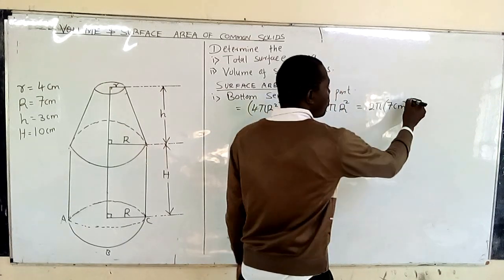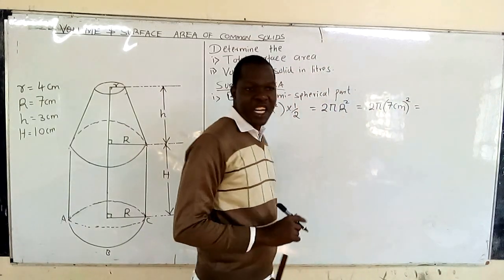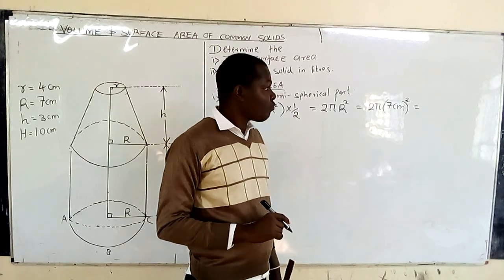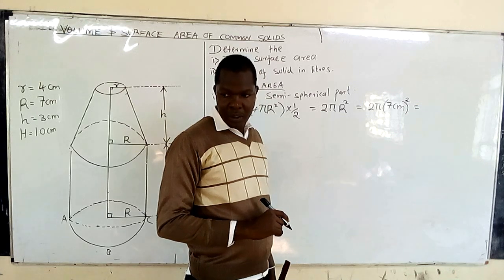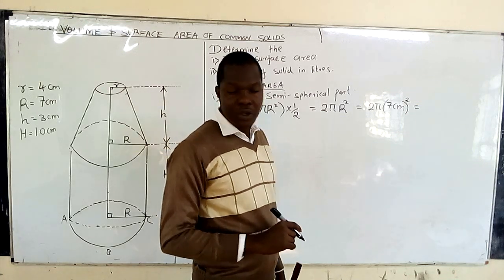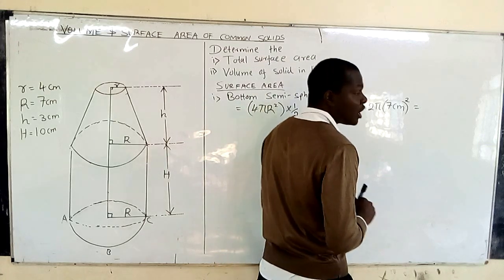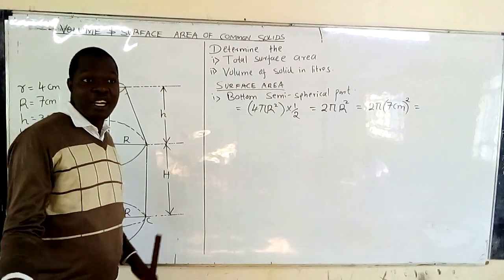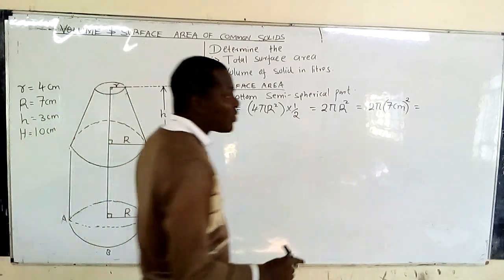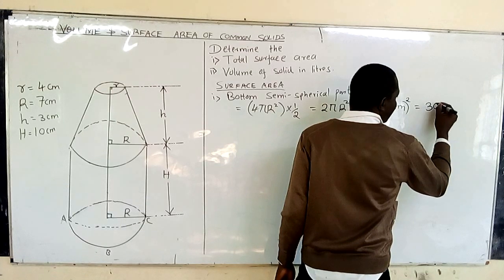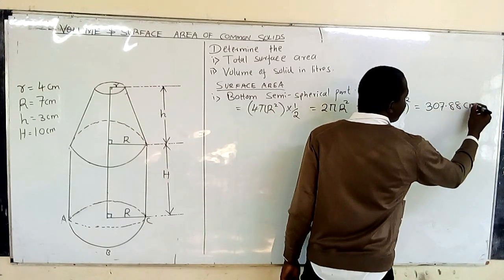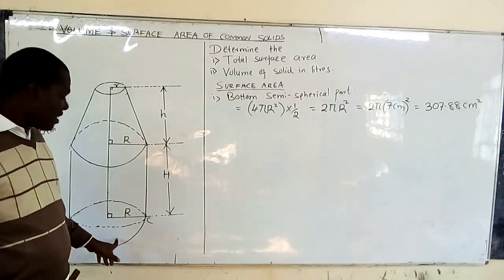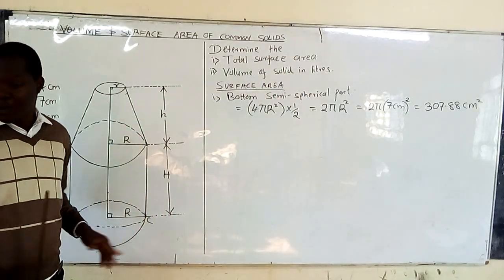You get 307.88. You'll not be told to take pi to be any value, meaning you just take pi the way it is in the calculator. So 307.88 centimeters squared. So we have found the surface area of the semispherical bottom, isn't it?